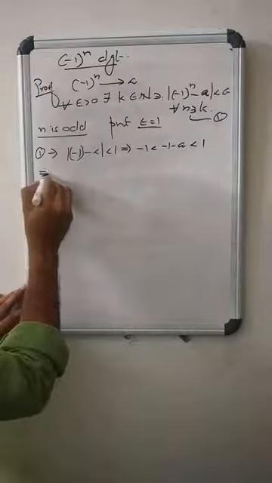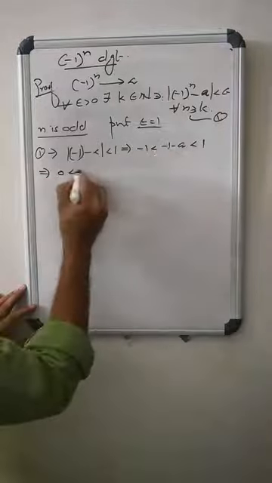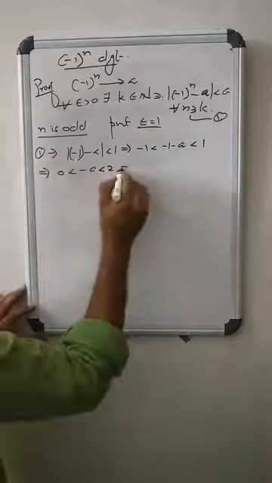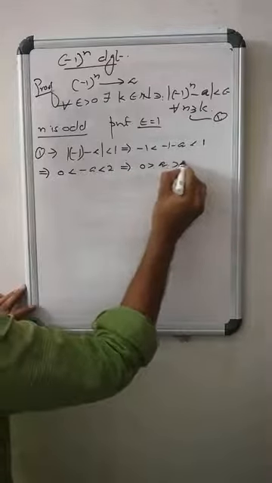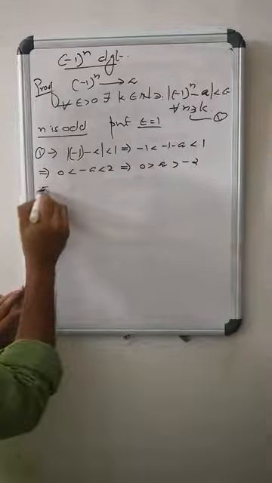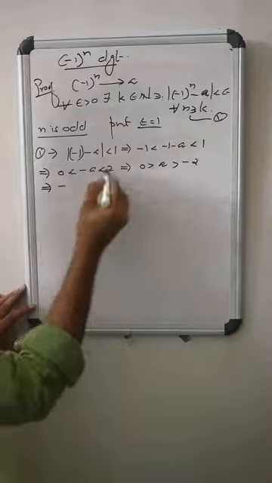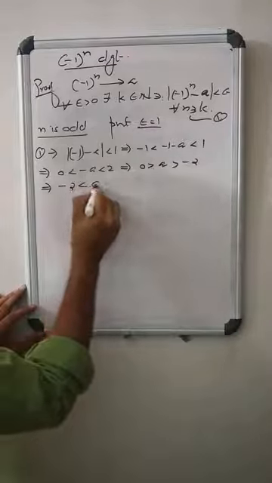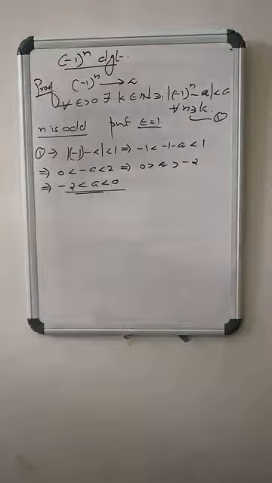If we add 1 on both sides, 1 minus 1 is 0, so 0 is less than minus a, which is less than 2. That means 0 is greater than a, which is greater than minus 2, because multiplying by negative reverses the inequality. So minus 2 is less than a, which is less than 0.